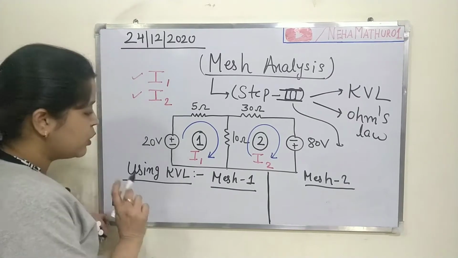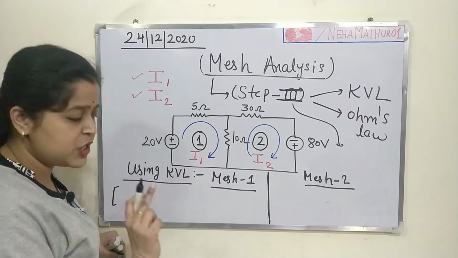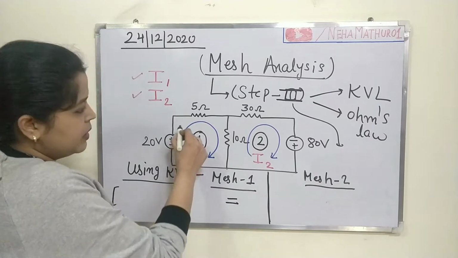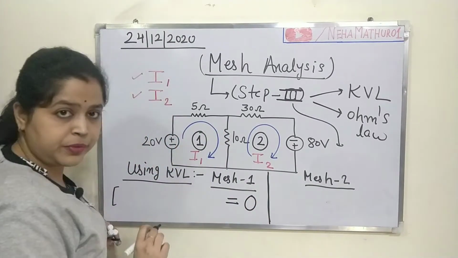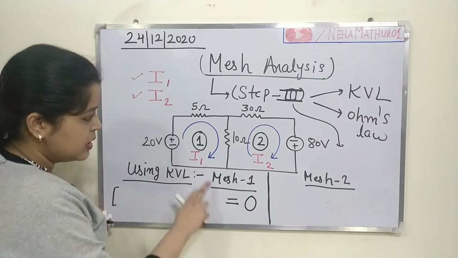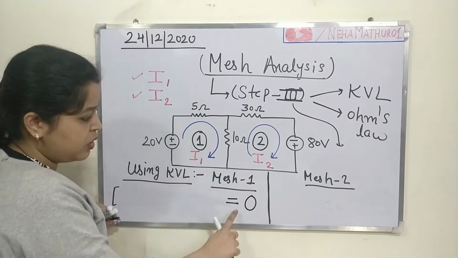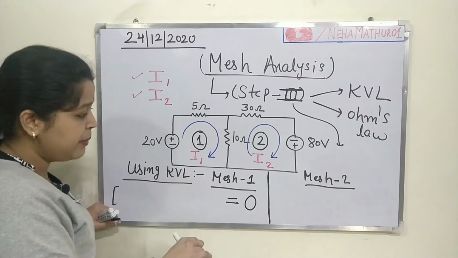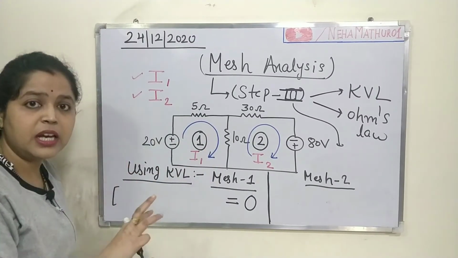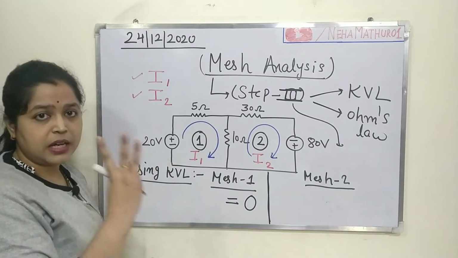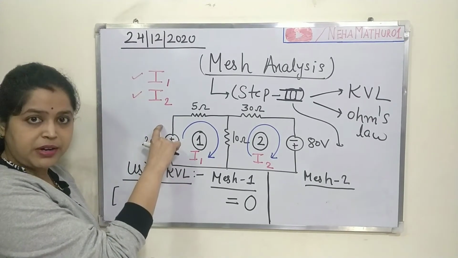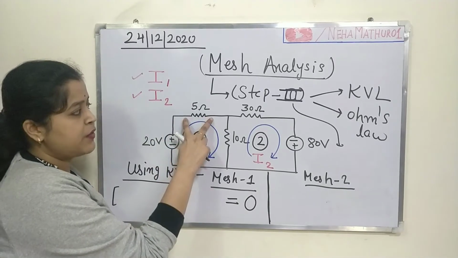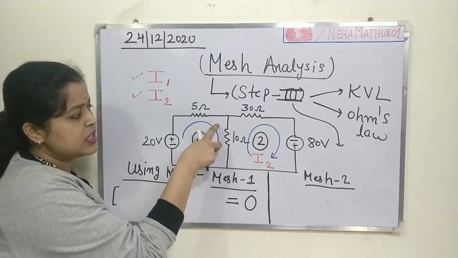So as per the concept of KVL, the voltage drop across a complete closed circuit is always equal to 0. If I am talking about the first mesh, here I have three electrical elements. The first one is the battery, the second one is this 5 ohm resistor, and the third one is this 10 ohm resistor.